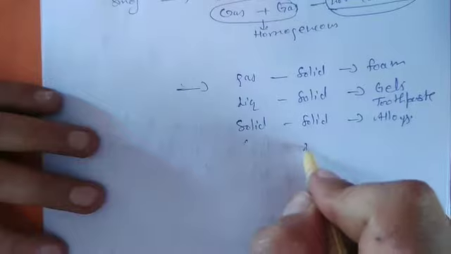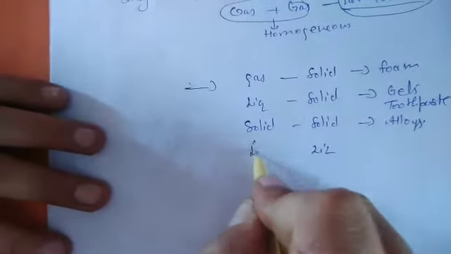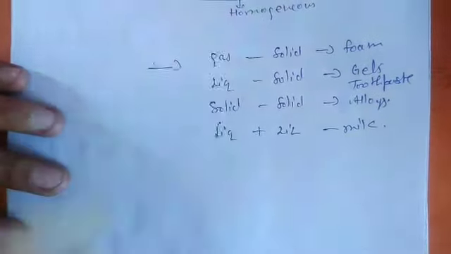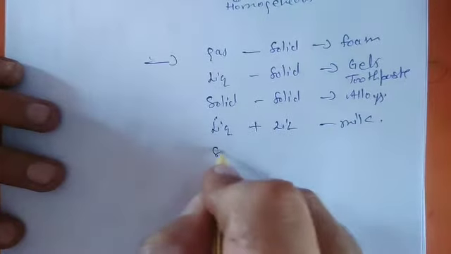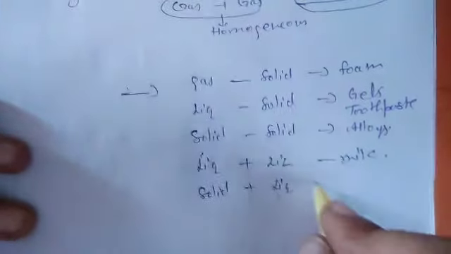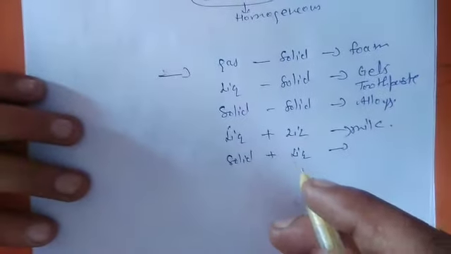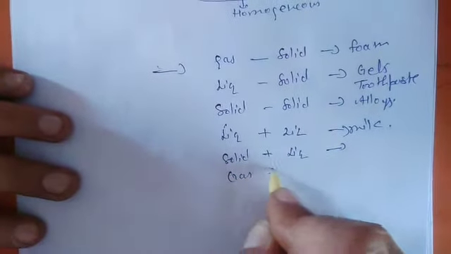The same can be done by changing the dispersed medium to liquid. It can be liquid plus liquid, like milk, which is this type of emulsion. It can be a solid dissolved in a liquid, and a gas also dissolved in liquid.